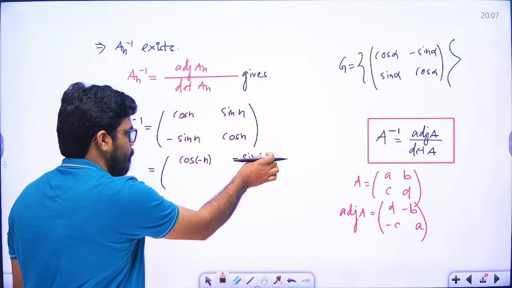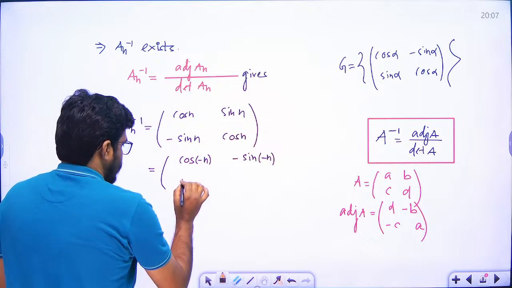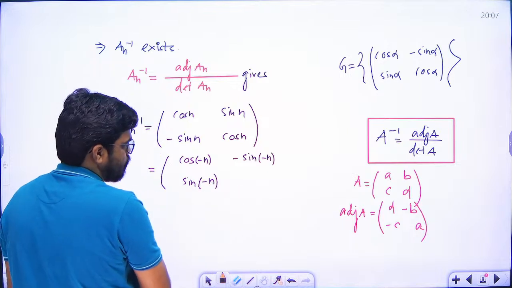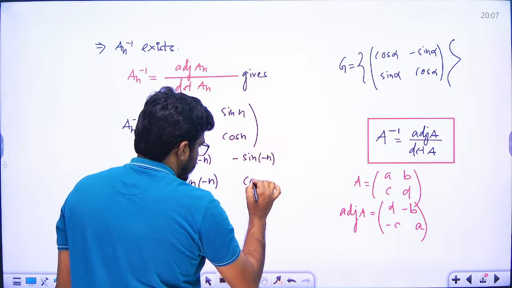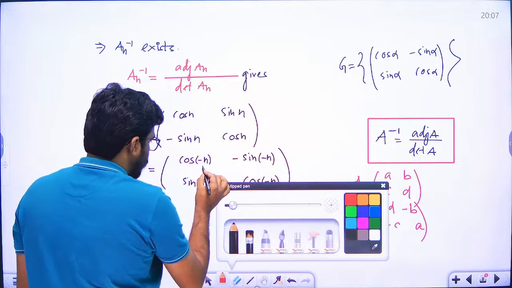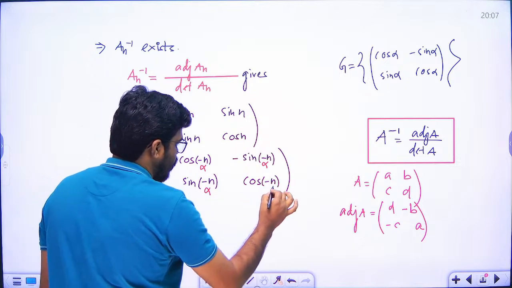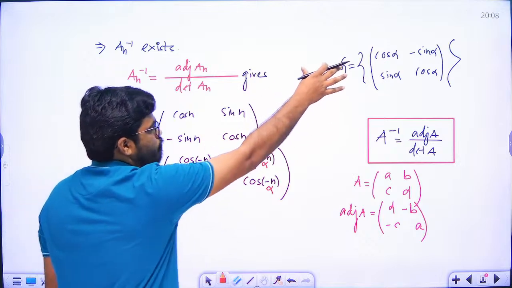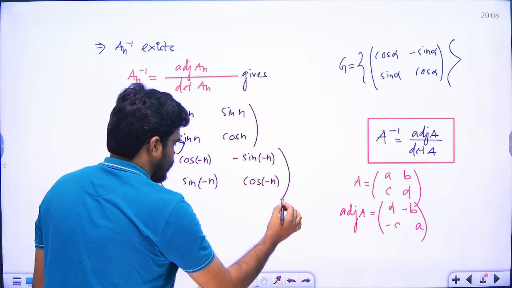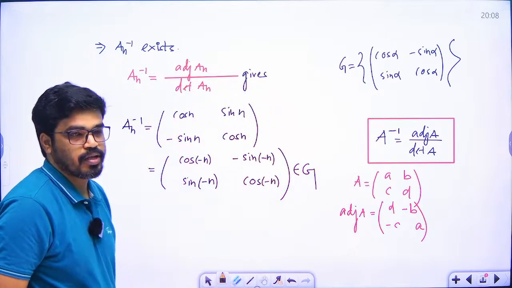And minus sin n can be written as sine of minus n. Cos n is cos minus n. Just consider this is alpha: cos alpha, minus sin alpha, sin alpha, cos alpha. So this is of the form, so this belongs to G, right?